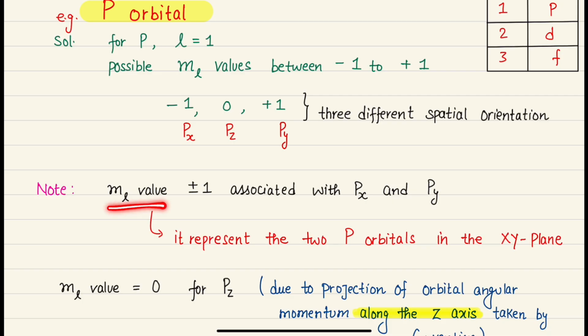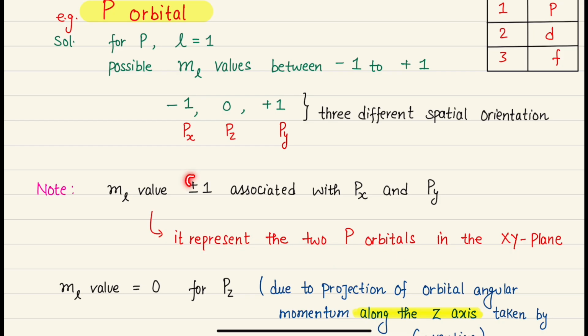We can take plus 1 as px or as py, and minus 1 as px or as py. No problem. Understood? But these ml values plus and minus 1 represent the 2p orbitals in the xy plane.